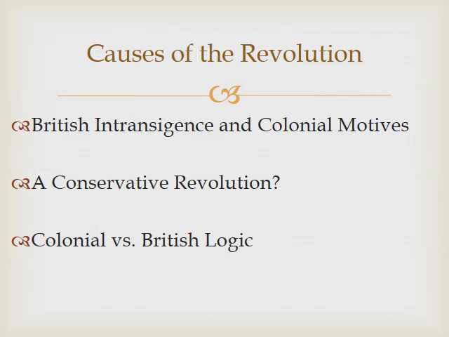Some men, like John Hancock, who was one of the foremost smugglers in New England, were revolutionaries for that very reason, right? He hated the Navigation Acts. Southern planters, many of them became revolutionaries because they were worried about the future of slavery under British control.